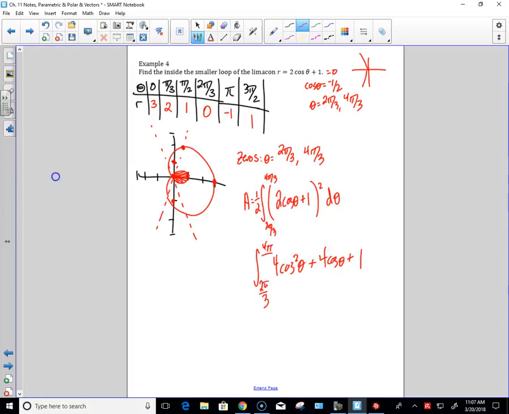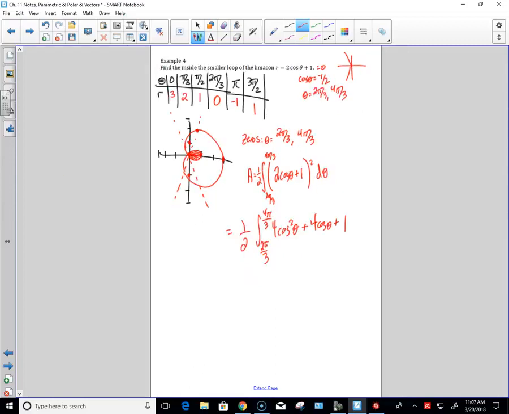Can we integrate 4 cosine? Yeah. 1? Yeah. This guy? No. I can change it with the power reducing formula for cosine squared. There was one I said way back in pre-cal would be helpful eventually, and now is the eventually. Cosine squared and sine squared are both super similar. Cosine squared says 1/2 of, right? Whereas sine says 1 minus.